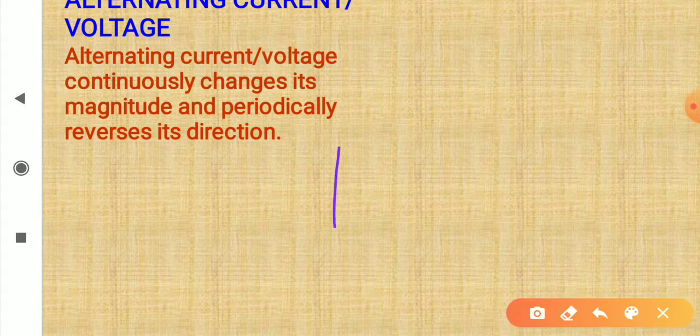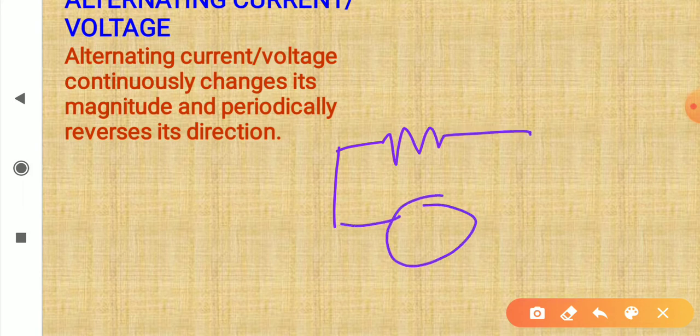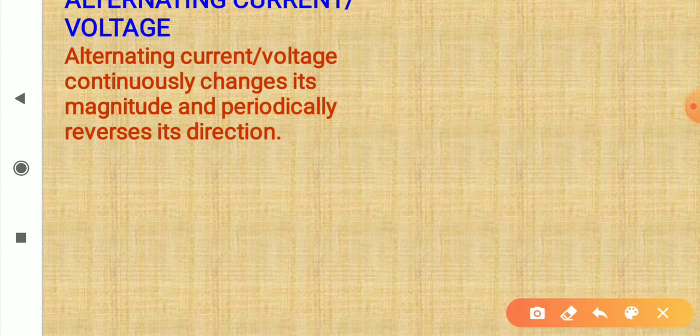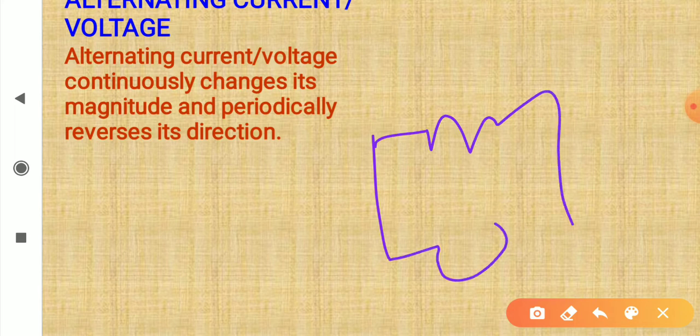So supposing we have a circuit and an alternating source of current, AC, the symbol used for AC is this, connected to it. Then for half the time the direction of current will be this one, and for the second half the direction of current will be reversed, and now the current will flow in the opposite direction.